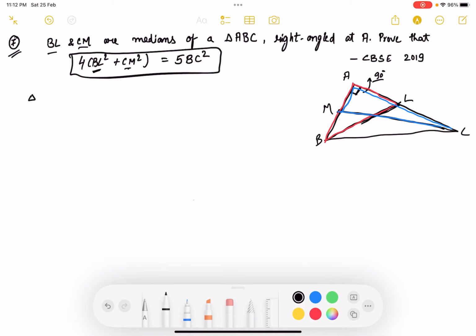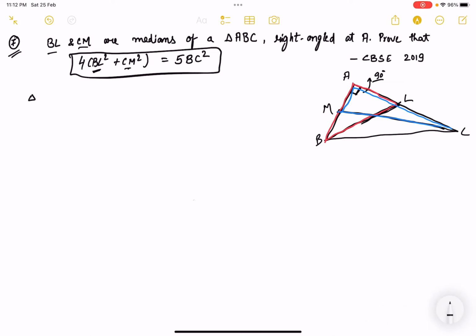So in triangle, okay, we'll take the red one, triangle ABL, we have BL square is equal to AB square plus AL square.